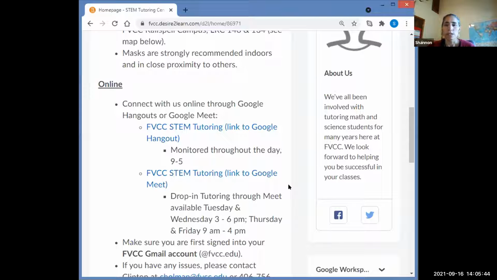But this is here. It's free. You don't have to make an appointment. You just pop in during the open times. Hopefully it's easy to find here. And that's all you need to do. And then we'll kind of guide you through from there. So I hope that'll be useful to folks. You can access us from wherever you are and get some help with your work.